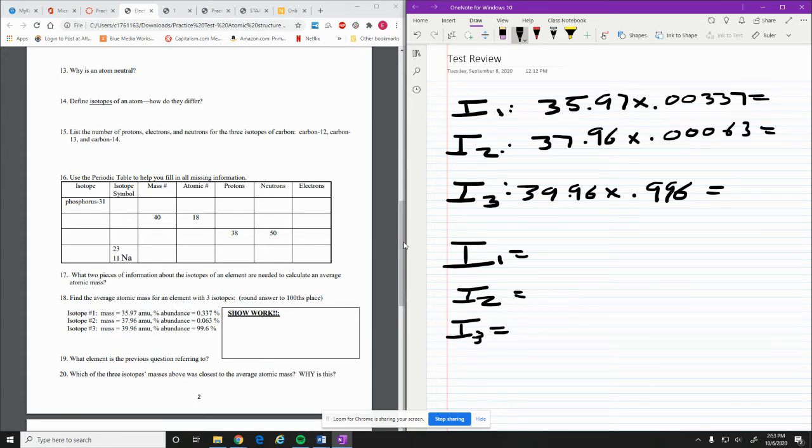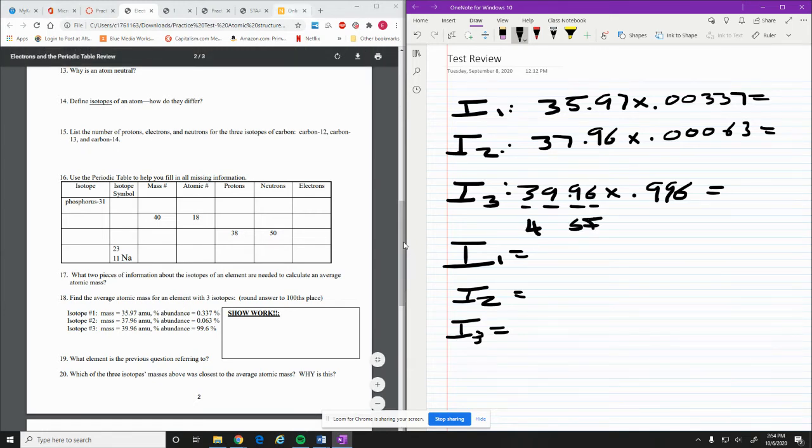Okay, now remember, you are multiplying, so you're going to have to follow the rule of sig figs. In this case, they all have 4 significant figures. These percentages don't count as significant figures, so we're not worried about that. We know that we have to keep to 4 sig figs. So I'm going to take my calculator.